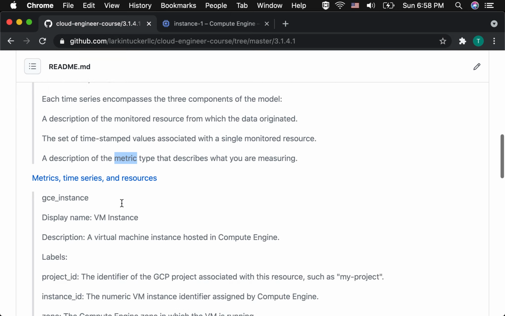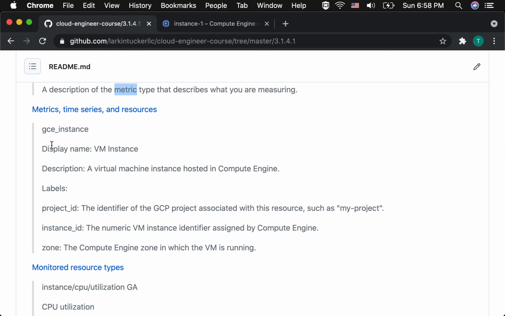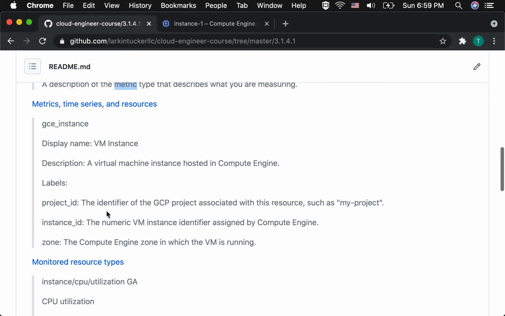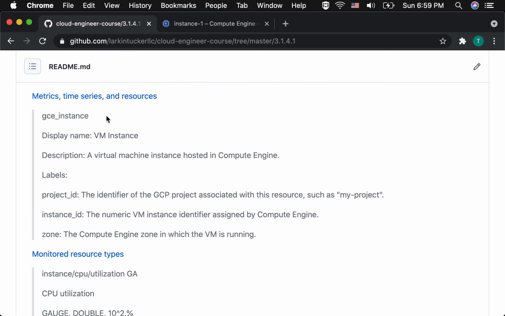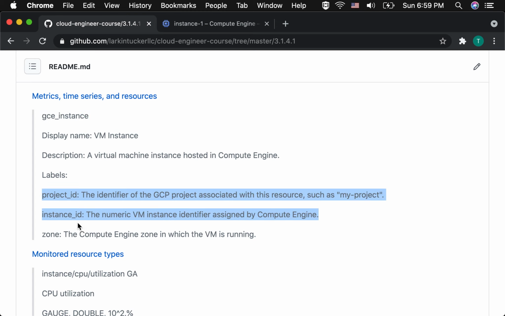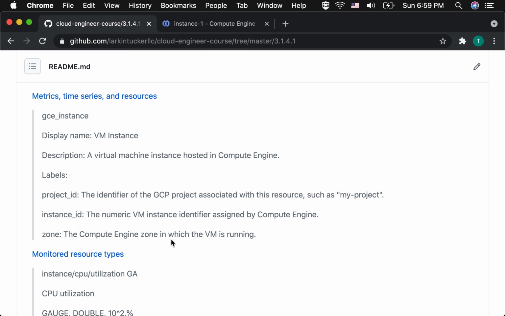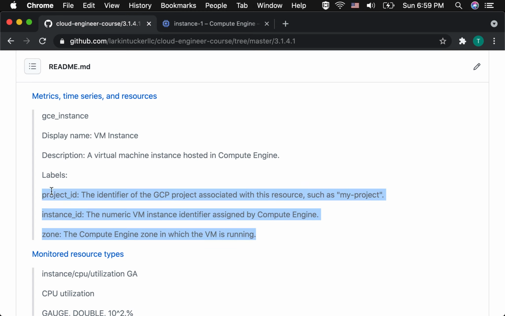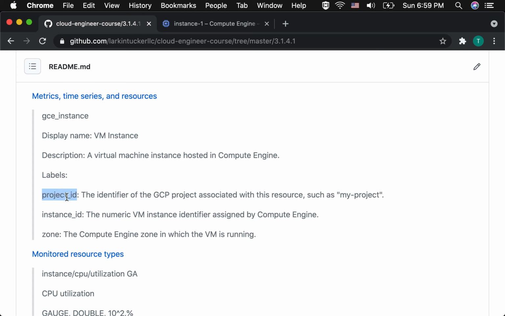And I think the way we can see this is under the hood, we'll look at the structure of a resource, and then we'll look at the structure of a metric. In this case, the resource is labeled GCE instance. That's the identifier for the resource type, right? And then to uniquely identify it, you have to supply 3 things, 3 labels: which project, which zone, and what instance ID for the resource.